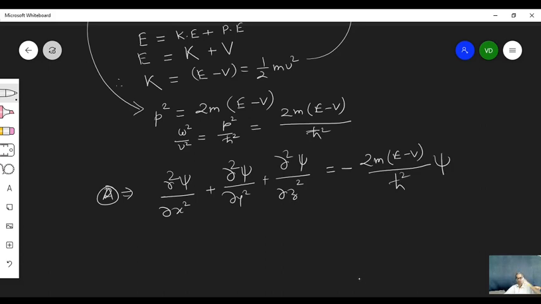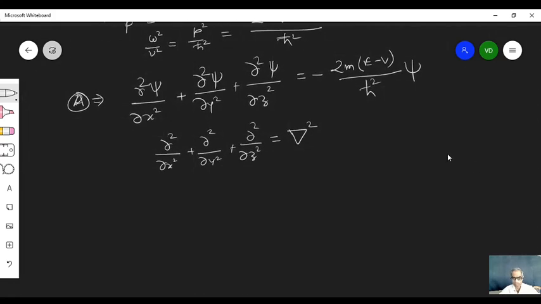Now we define, or we know already, del square by del x square plus del square by del y square plus del square by del z square. This is the Laplacian operator and it is denoted by del square.